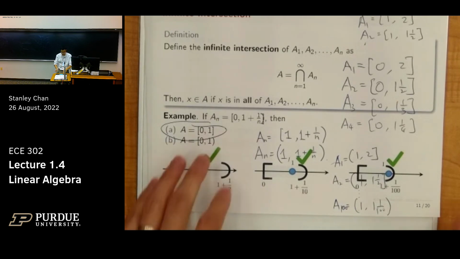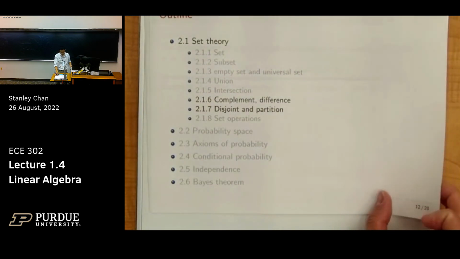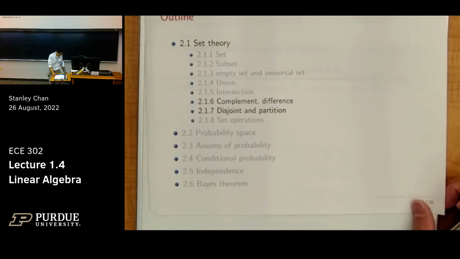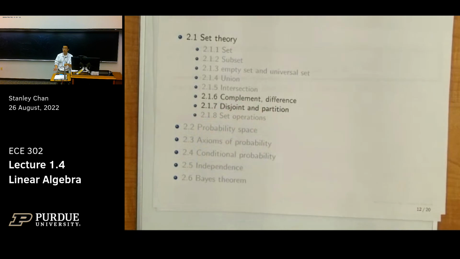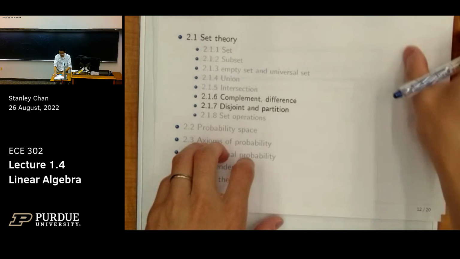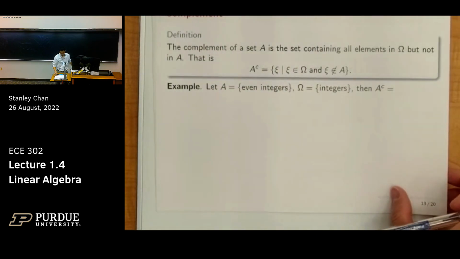Good. All right. So now let's also talk about complement and difference. As I said, there are literally 3 operations: and, or, and not. Now let's talk about the not.